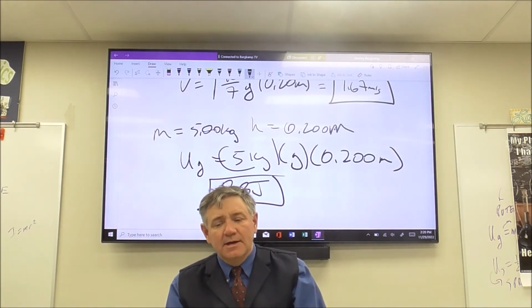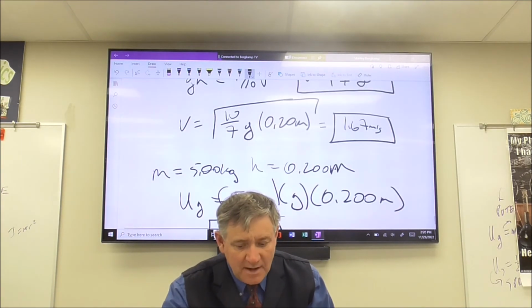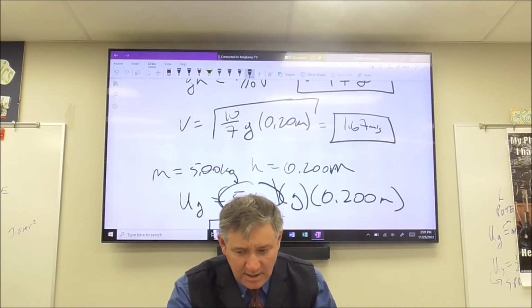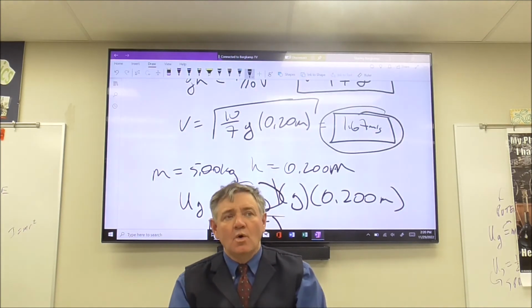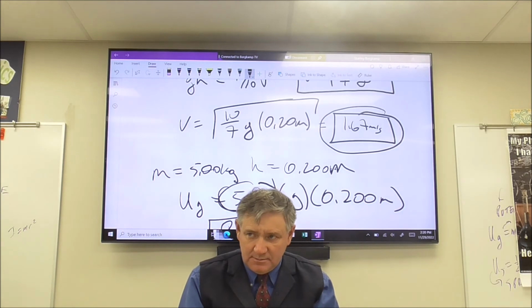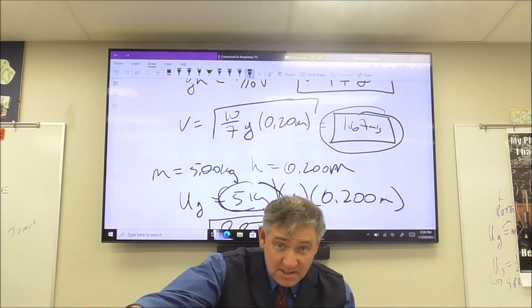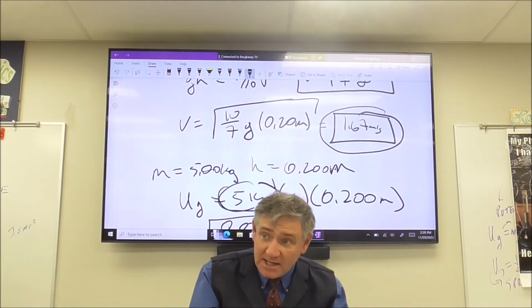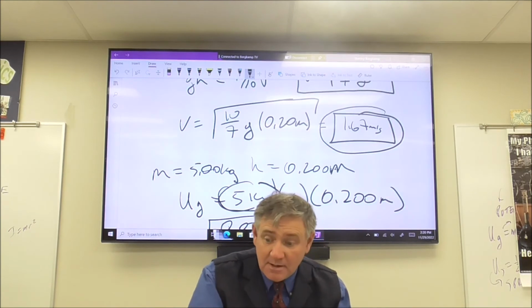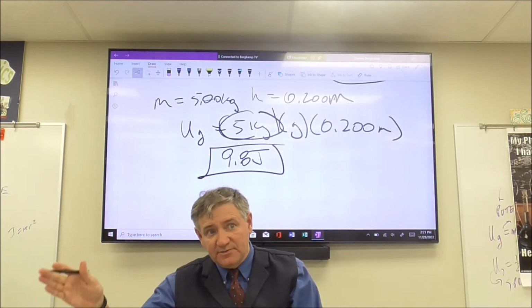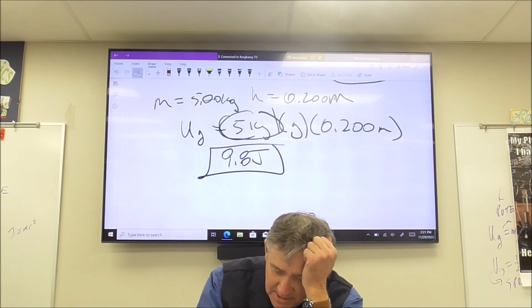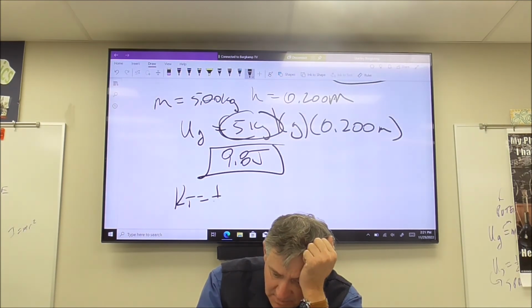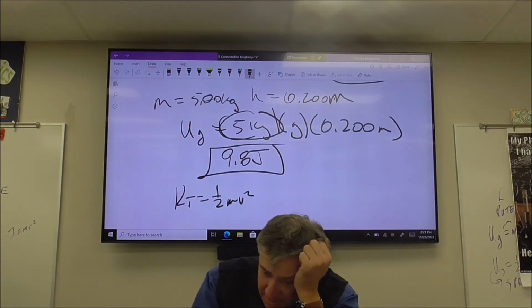Okay? Now that I know the mass, and I also know the velocity, what could I figure out? I could calculate KT. I could figure out how much kinetic energy I have at the bottom because I know the linear velocity. So my kinetic energy is 1/2 mv squared.